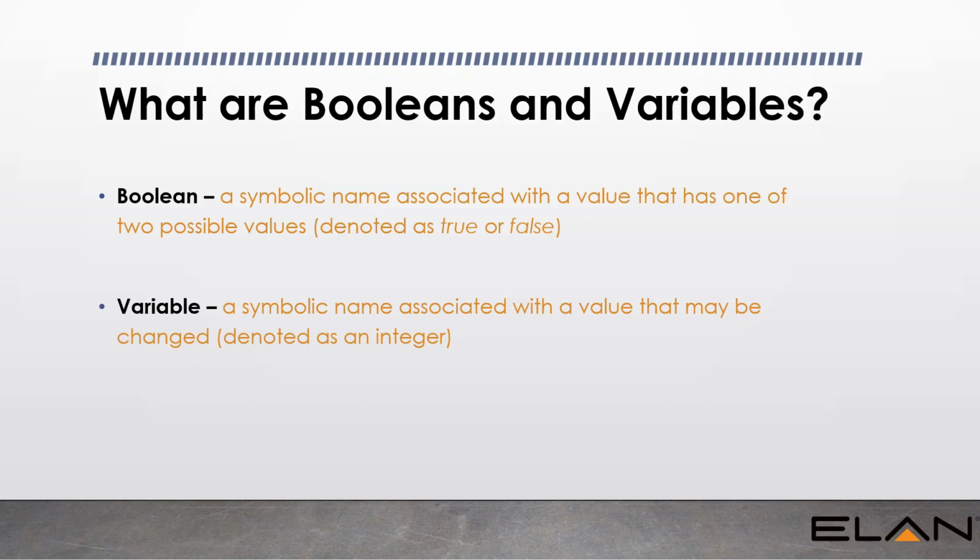So this could be a variable with a value of 0 or 1, or 1 or 2, and be equivalent to a Boolean. But in most cases, a variable is going to have more than 2 answers. It could be 0 through 10, 0 through 3, 1 through 20. Depends on what you need that application to handle.